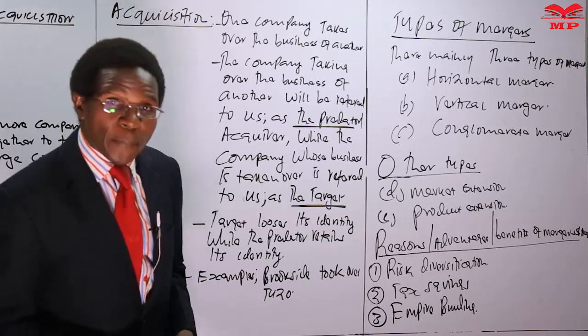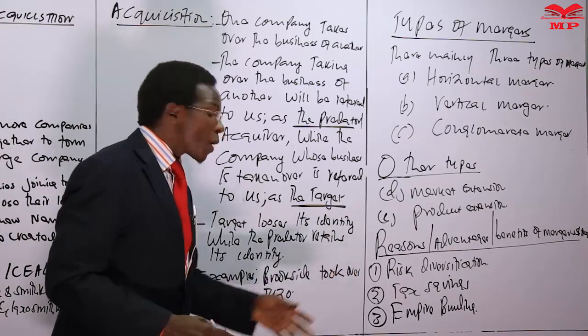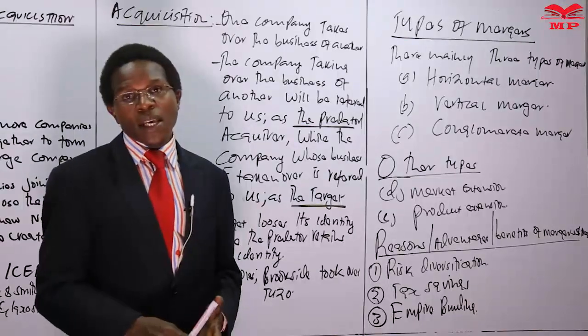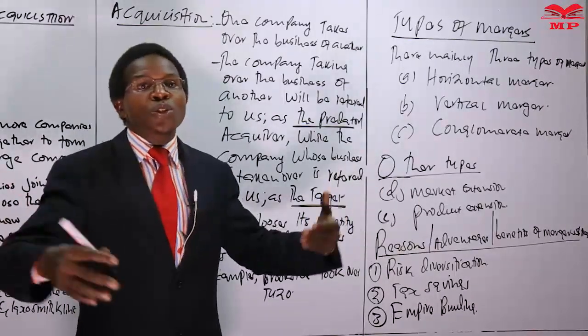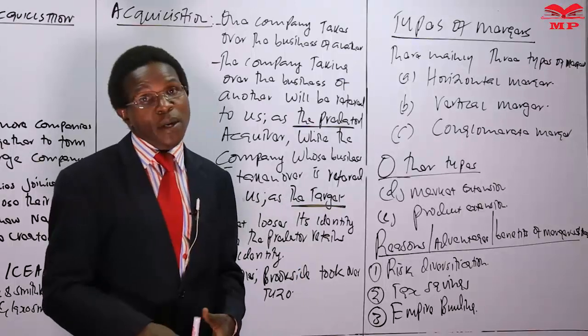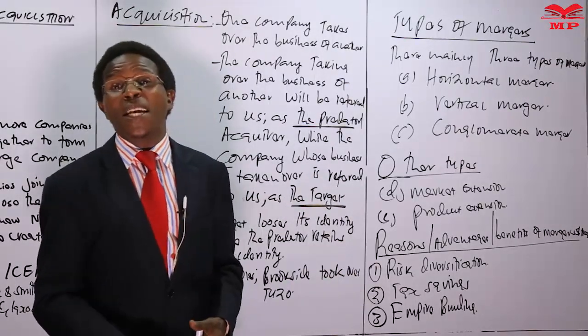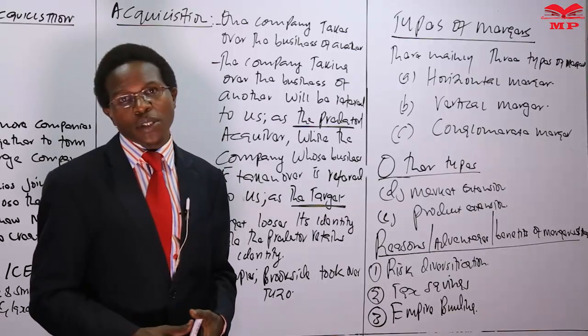When it comes to empire building, some companies will always want to merge or to acquire another in order to be seen to be having a greater impact on the economy, in order to be seen to have a greater input as far as the economy is concerned.